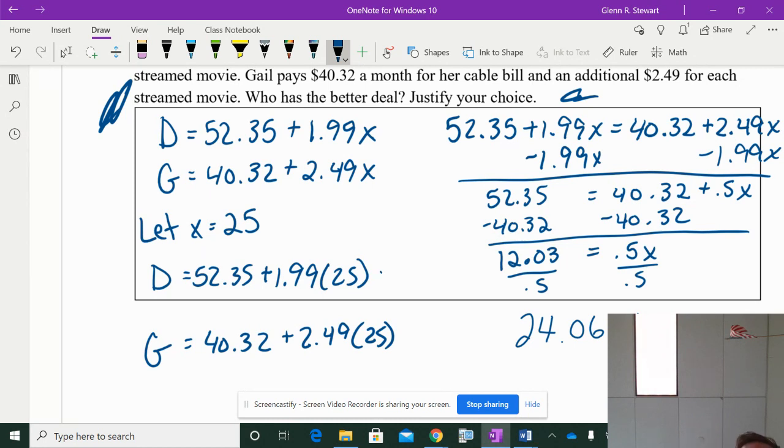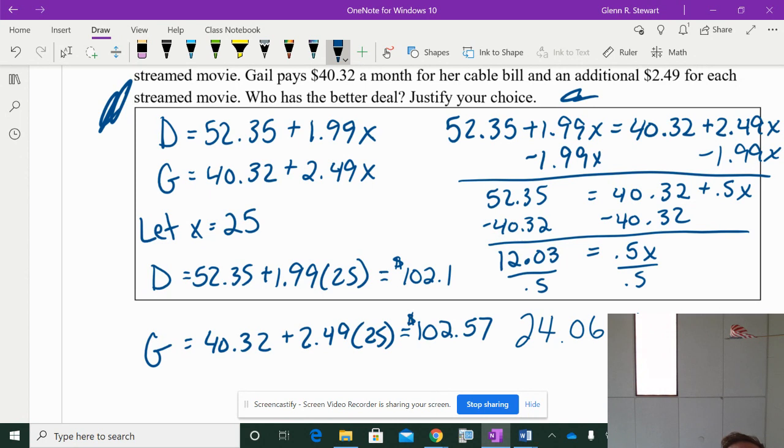I've got Vaughn at $102.01. And I've got Gail at $102.57.